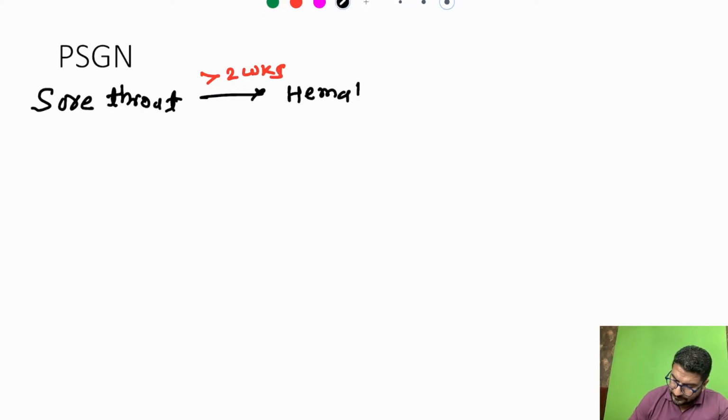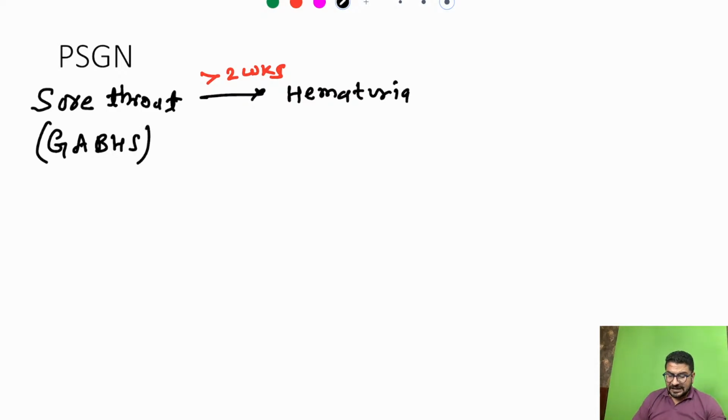We call this delayed hematuria. And this sore throat is caused by which bacteria? It is caused by GABHS. GABHS का मतलब होता है ग्रुप A बीटा hemolytic streptococcus, right? So we call this delayed hematuria.